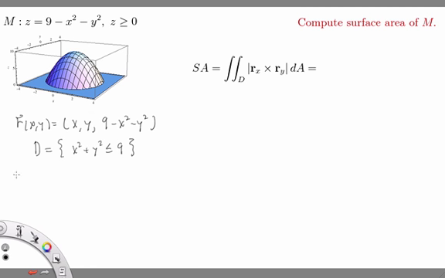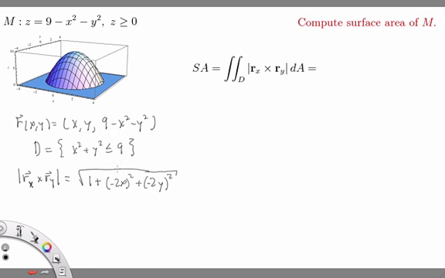Okay, so then we can work through what rx cross ry is, but it'll be the same thing every time. And so there's probably a place to just have this formula memorized. So rx cross ry, the magnitude of that vector is going to be the square root of 1 plus the partial derivative of this function with respect to x squared, plus the partial derivative with respect to y squared.